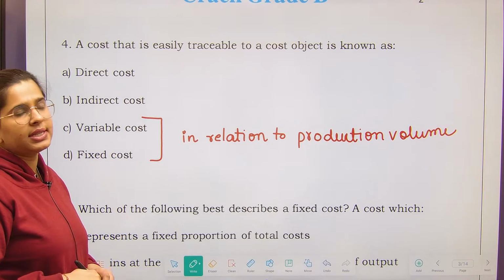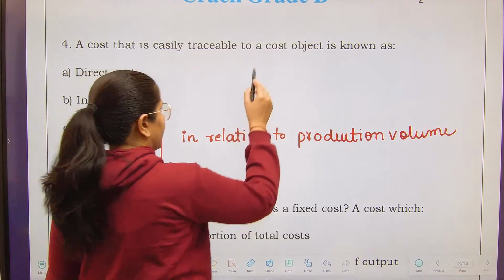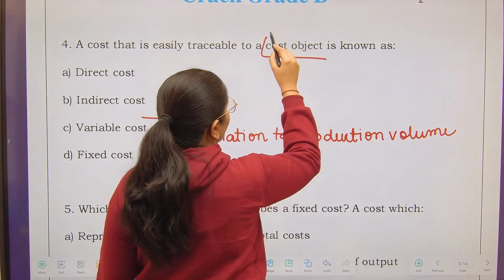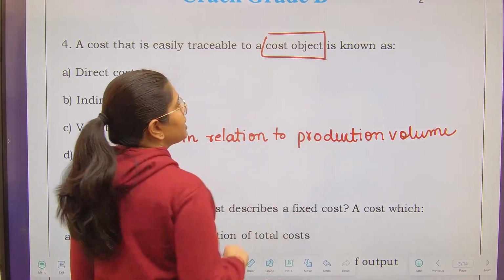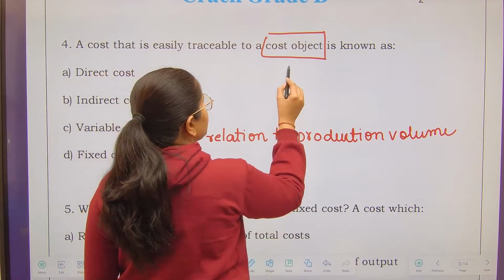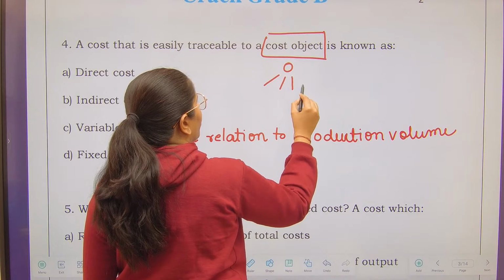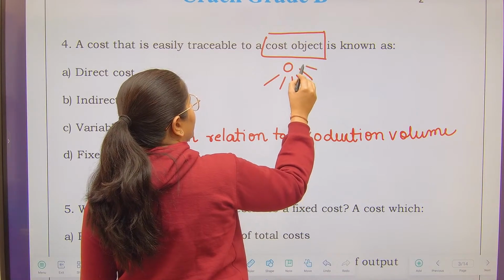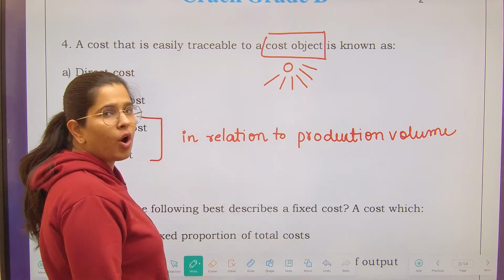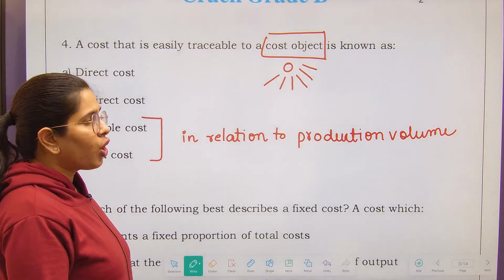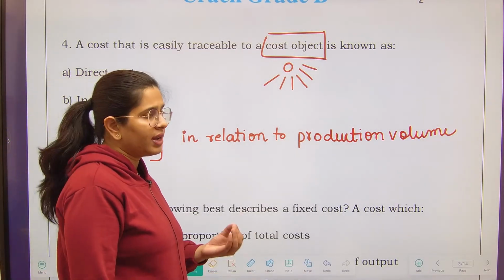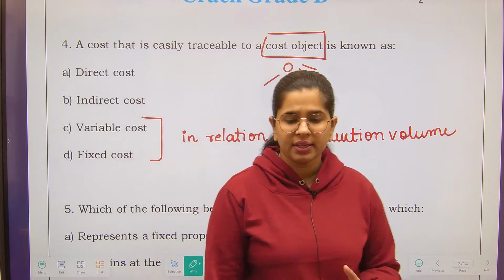Now direct cost and indirect cost. What is a cost object? Cost object means it could be a product, it could be a service. That means this is a head under which you include all types of costs which have been incurred in order to make this particular object. Right? So cost object means this is one head under which you collect the cost.